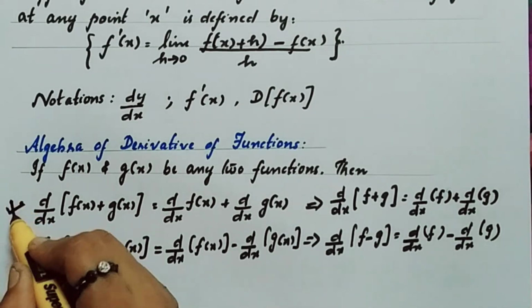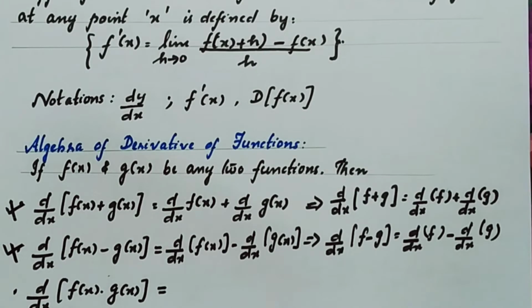So these are the two formulas to find the derivative of a sum and difference of functions. To find the derivative of f(x) into g(x), you may think that it can be written as derivative of f(x) into derivative of g(x). But that is not true. So remember that derivative of f(x) into g(x) is not equal to derivative of f(x) into derivative of g(x).